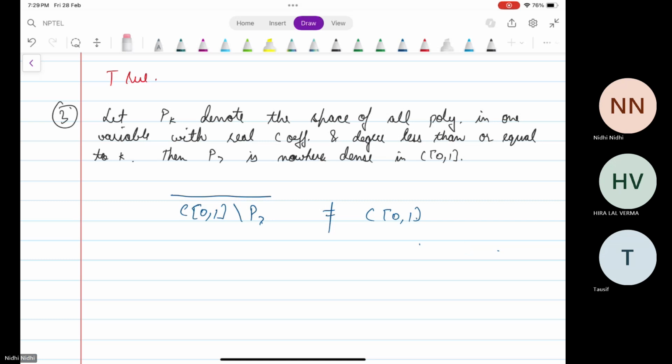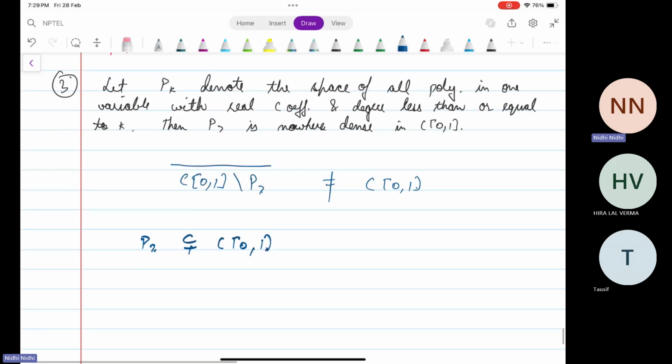Now P7 is a proper subspace of C01, and in fact this will form a metric space as well. So P7 must have some interior points.